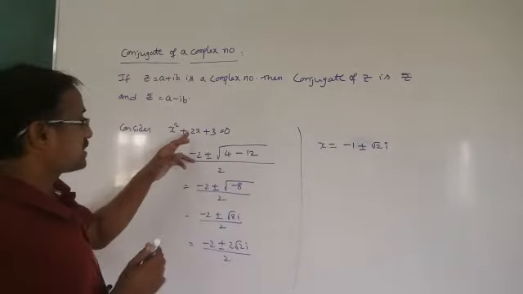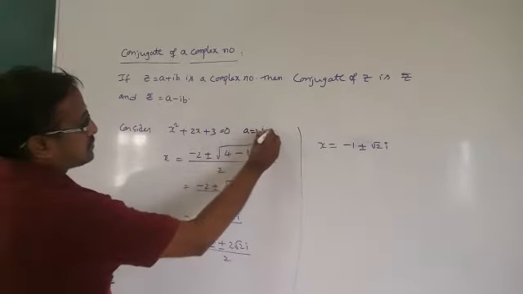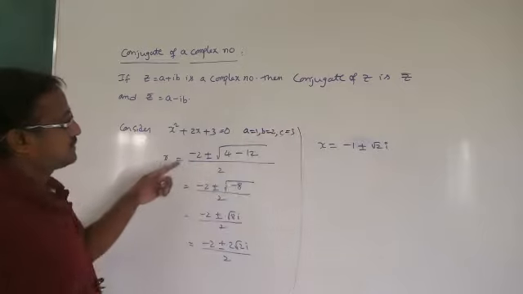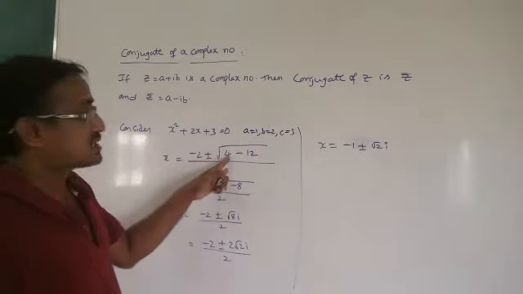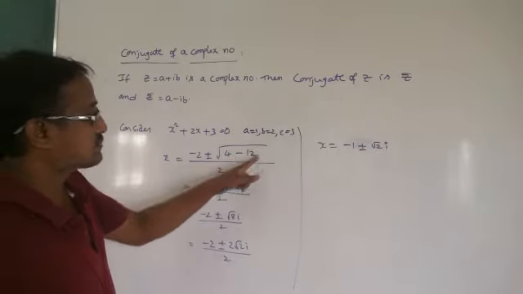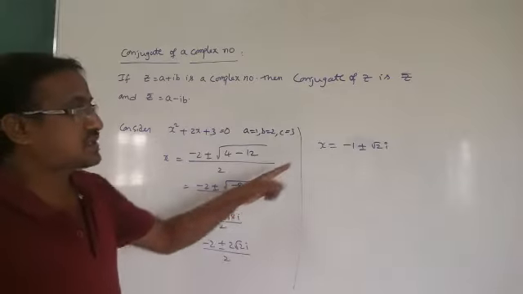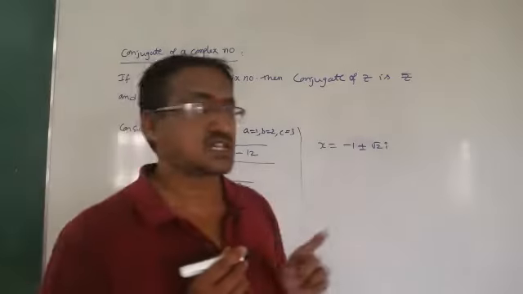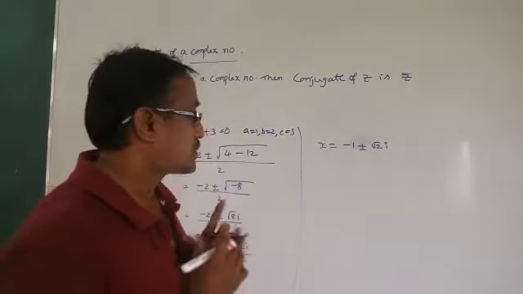Here a is equal to 1, b is equal to 2 and c is equal to 3. So minus 2 plus or minus root of b square, which is 4, minus 4ac, which is 12, by 2. Now I find the roots of the quadratic equation as minus 1 plus or minus root 2i.